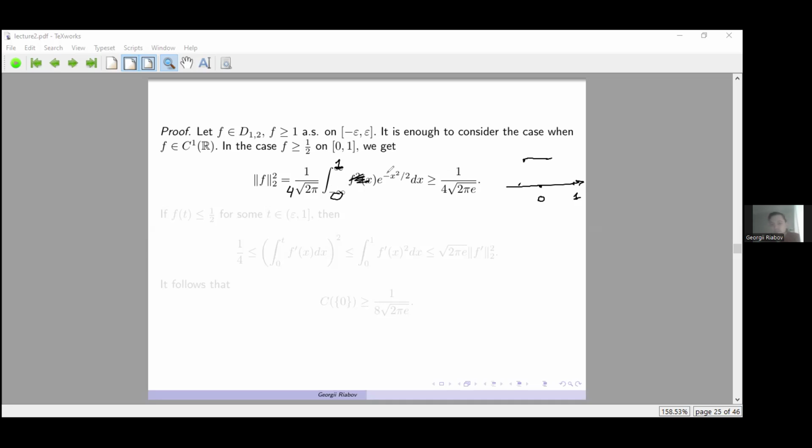Well, and also we can estimate the exponent by its smallest value. So this is one possible case when f is greater or equal to 1/2 from 0 to 1. And the second case, assume that somewhere here f is less than 1/2.